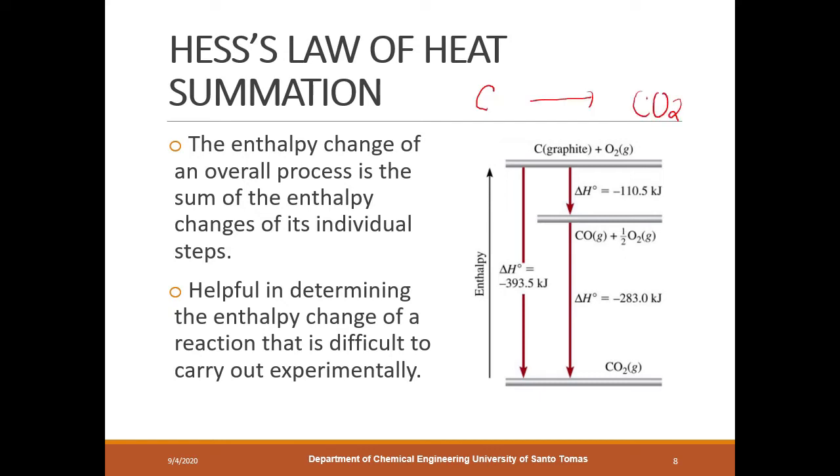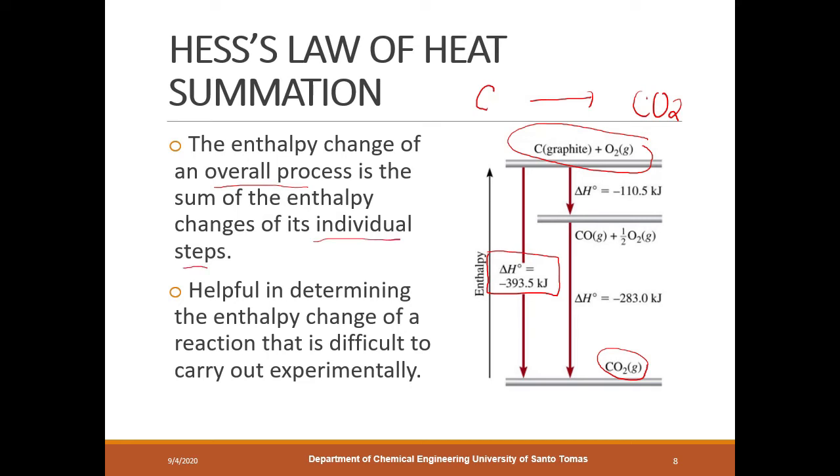On this illustration, we have the overall process such that graphite reacts with oxygen to form directly carbon dioxide, and it utilizes negative 393.5 kilojoules of energy. Now the individual steps that are pertained to by the law is this.